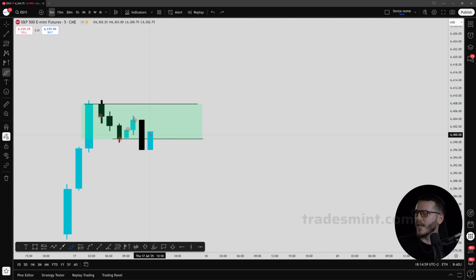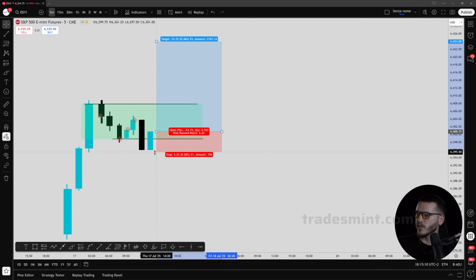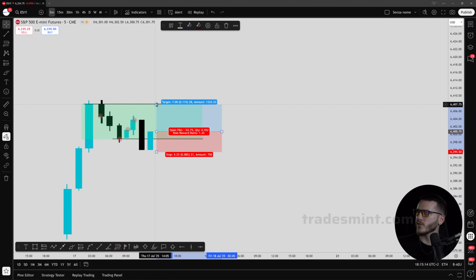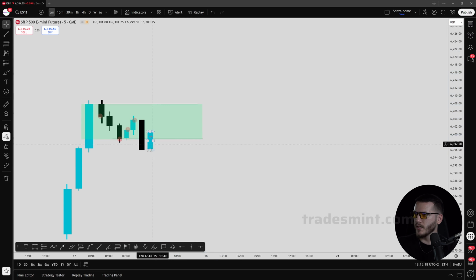This is a long setup. So we're going to buy here when the candle closes. The stop loss can be below, and the target is going to be on the other side of the range at first, and if we're very ambitious, it could keep going higher. But the first target will be the other side of this range. We could also wait for a test of this level before buying to increase our risk to reward.